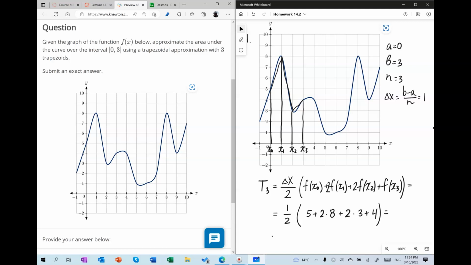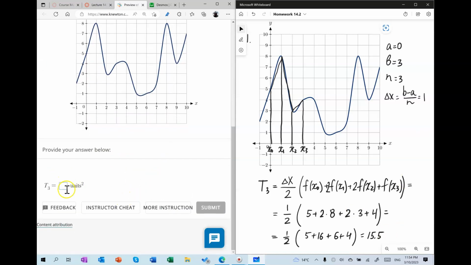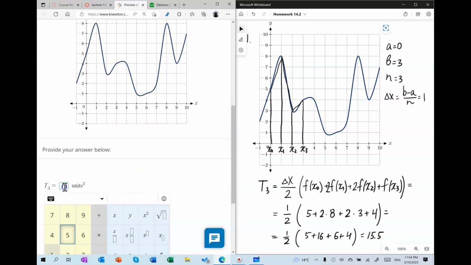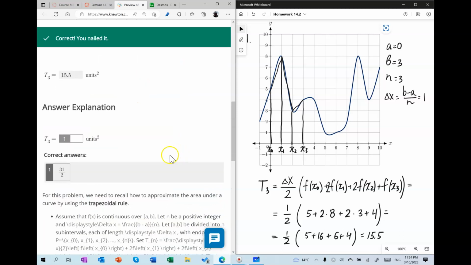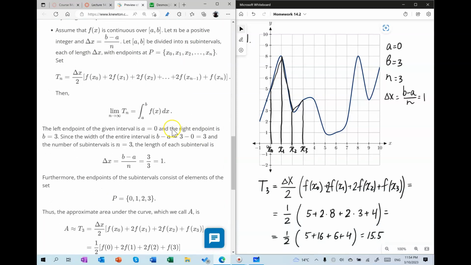And here's what we get. 5 plus 16 plus 6 plus 4. So we have 21, 31. 31 over 2 is just 15.5, whatever units squared there are. So let's enter this. And we got the first problem correct.